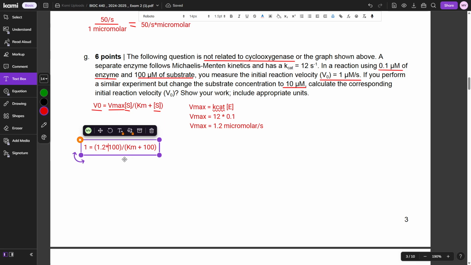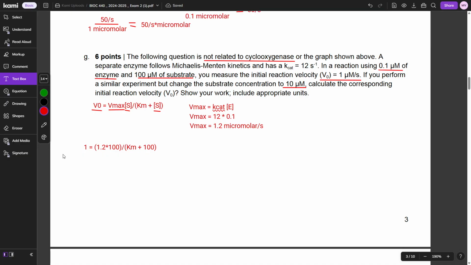Now if we do a little bit more math, we have to do a little bit of isolation here to get Km on its own. The way that we do that is, if we multiply both sides by this Km plus 100 term, you're going to have Km plus 100 on one side and 1.2 times 100 on the other side.